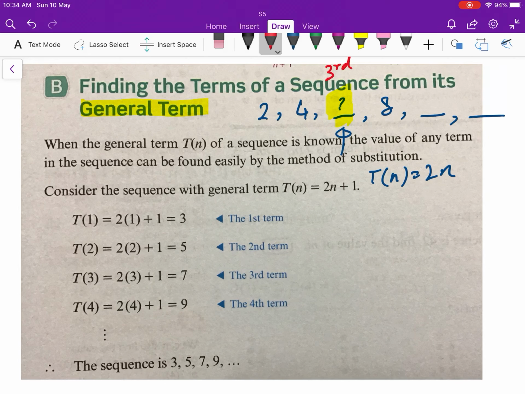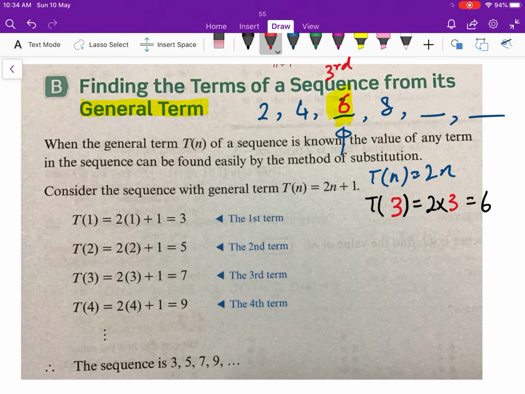So do the substitution: n becomes 3, T3. Substitute all the n with 3, then you will know this is 6. So T3, in position 3, the value is 6.